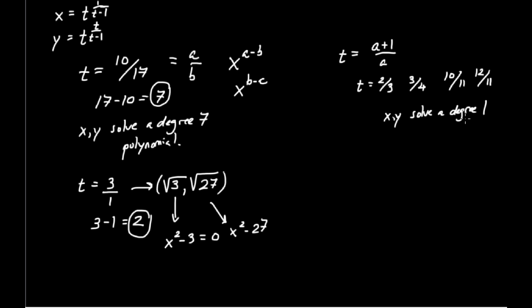And what does it mean to solve a degree 1 polynomial equation? That means that the number is rational. So you can see here that the theorem that we proved about algebraic numbers, when t is rational, is more general than that other theorem that we proved about when numerator and denominator differed by 1. So that's enough about algebraic numbers for now.